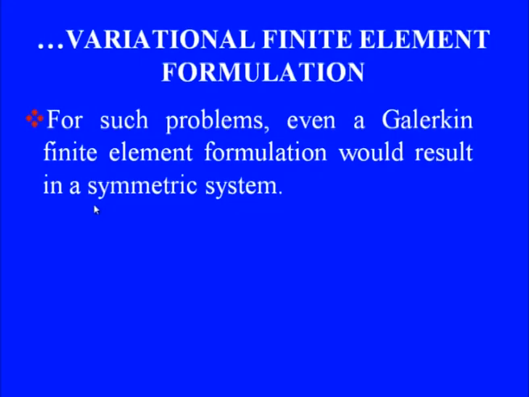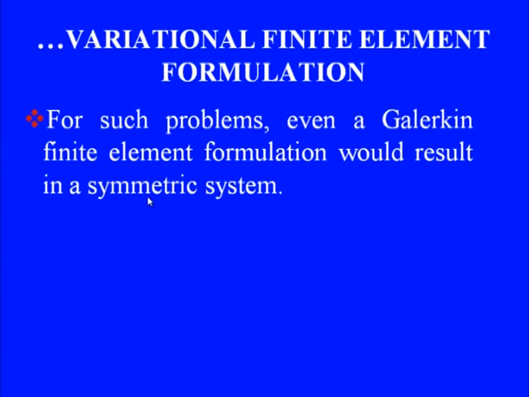This is yet another feature in such situations. If we have a problem for which a variational formulation is possible, that is to say we can find a functional, then even if we employ a Galerkin finite element formulation, that would also result in a symmetric system.